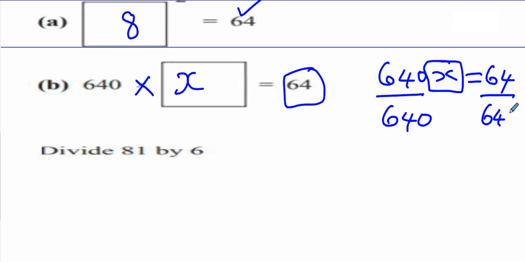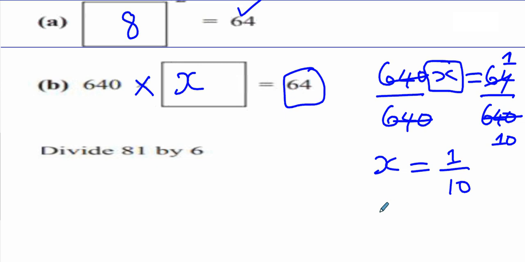This will cancel. So x will be equal to 64 over 640, which you can simplify by 64, giving 1 over 10. Now 1 over 10 as a decimal is 0.1. So same thing. Here you write 1 over 10 or 0.1.